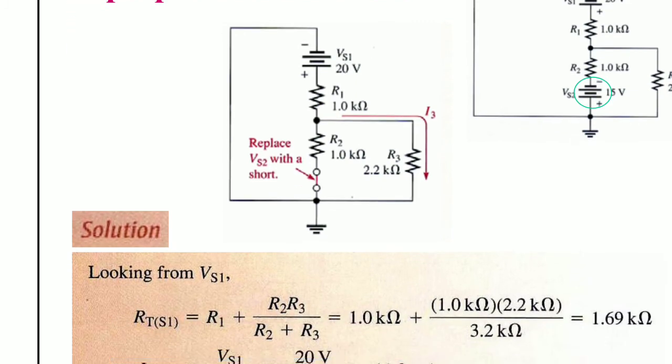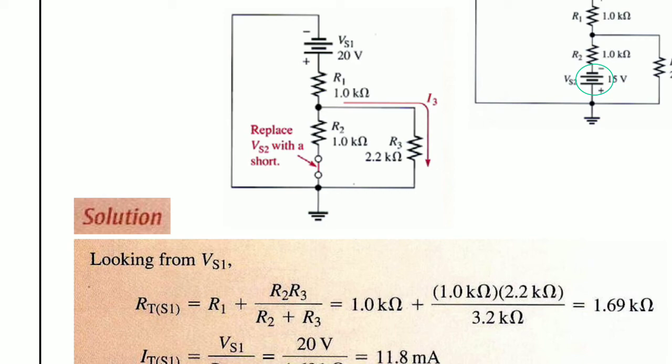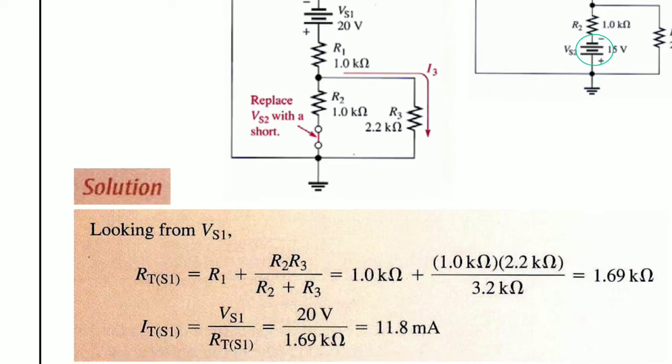So the total resistance is 1.69. R2 and R3 are in parallel, so R2 R3 by R2 plus R3. This resultant is in series with R1. So finally we get 1.69 kilo ohms. So IT of S1 equals VS1 by RT of S1, which will give 11.8 milliamps.